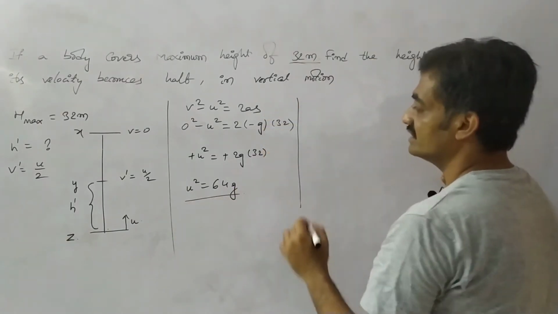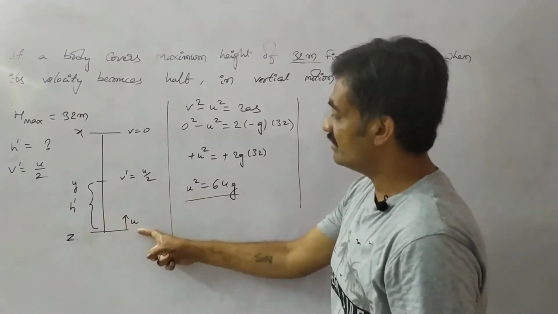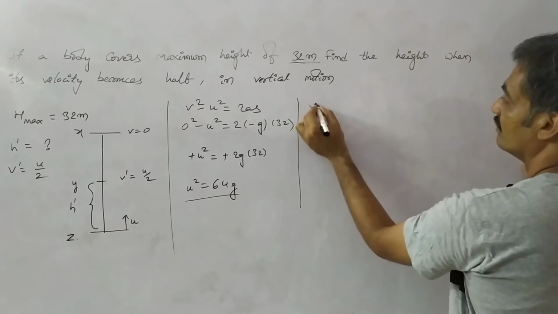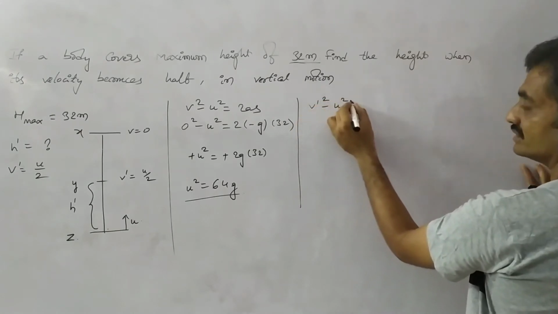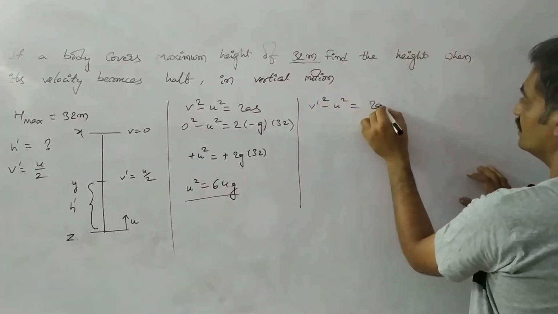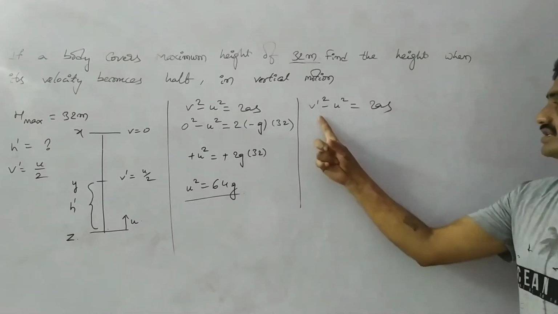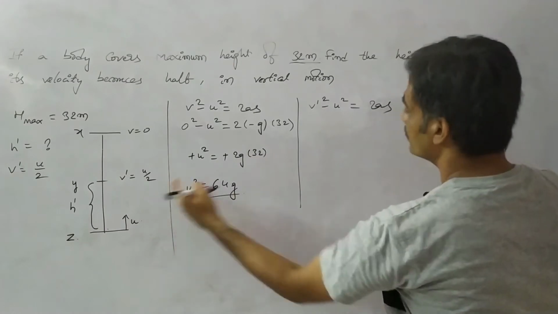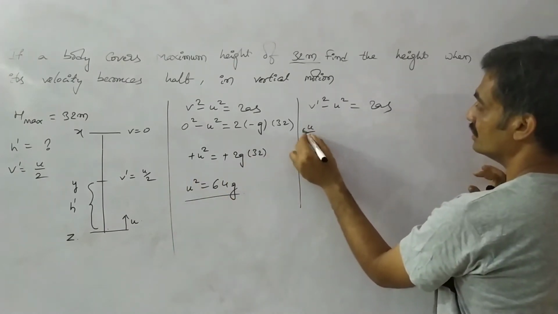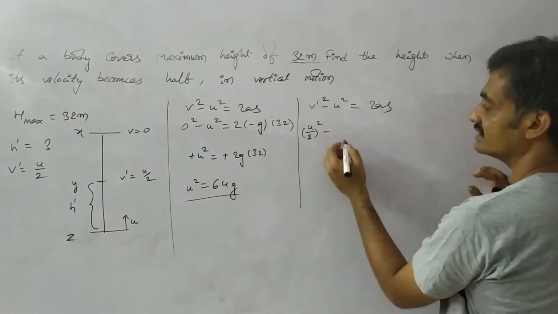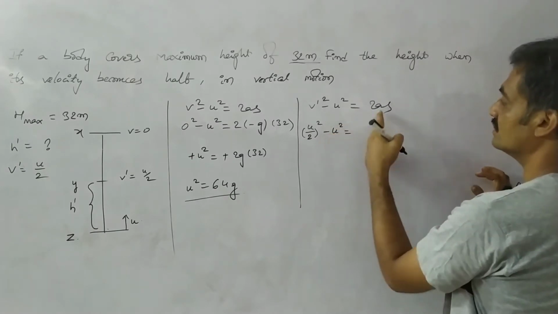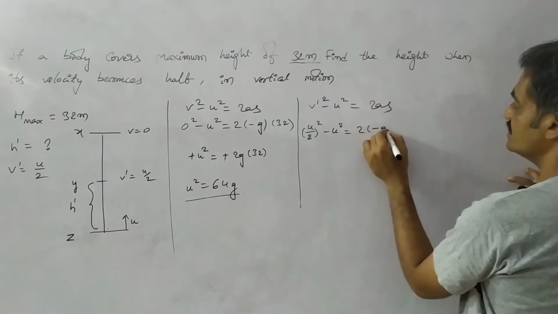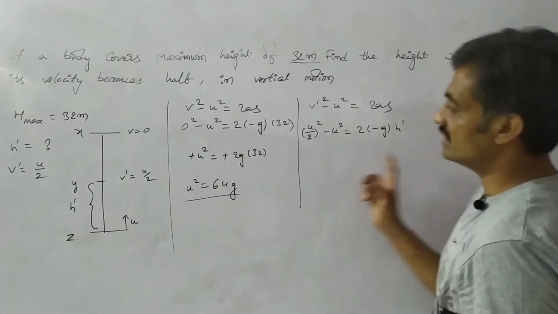Now based on this, let us consider the height between y and z. Here we have v dash square minus u square equals 2as, where v dash equals u by 2. So u by 2 whole square minus u square equals 2 into acceleration due to gravity, which is minus g, into s equals h dash.